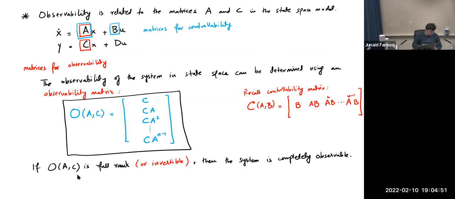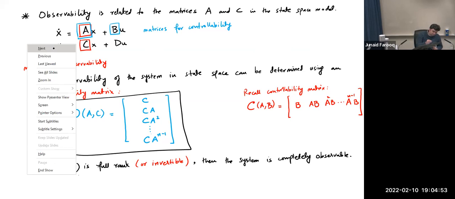So let's do a quick example to show how we can test the observability of a system. It's going to be similar to the previous controllability examples, but just for you to have hands-on experience.